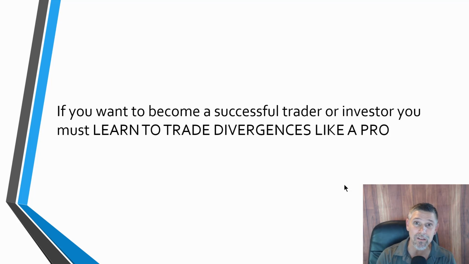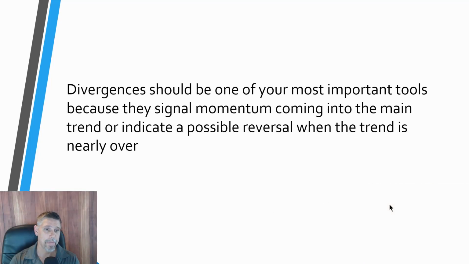I love the divergence strategy, and in my opinion, if you're going to truly become a successful trader, you must learn to trade divergences like a pro. Now, divergences should be one of your most important tools because they signal momentum coming into the main trend, or they indicate a possible reversal when the trend is over.